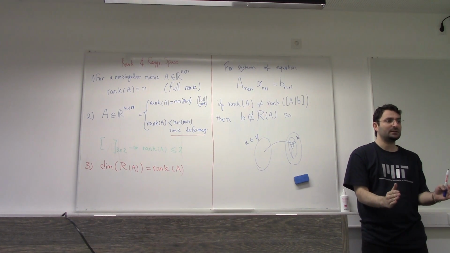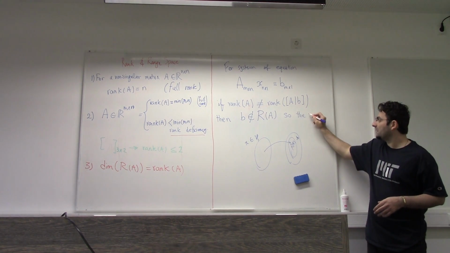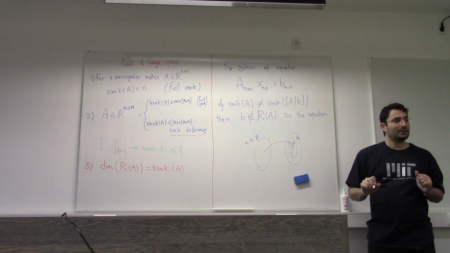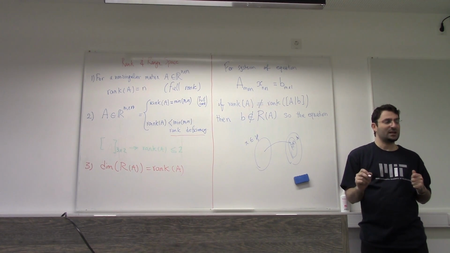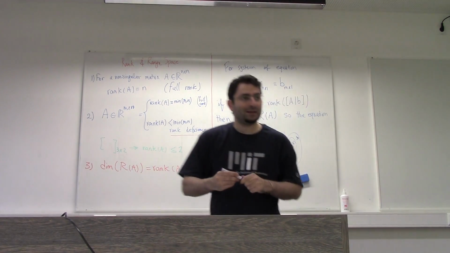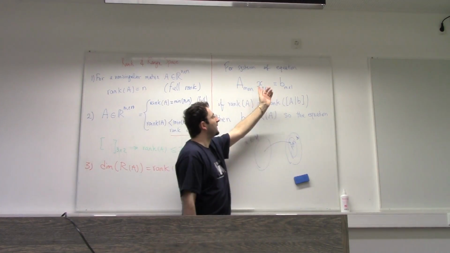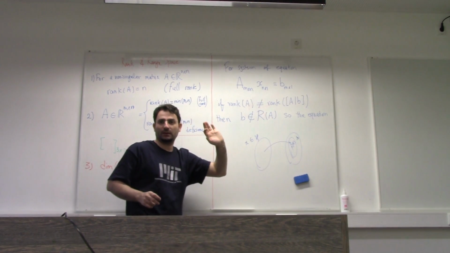What is not possible? The equation. Okay, let's put it this way. This is a set of equations, right? And we solve it and we find that x1 is 1, x2 is 0, x3 is something.